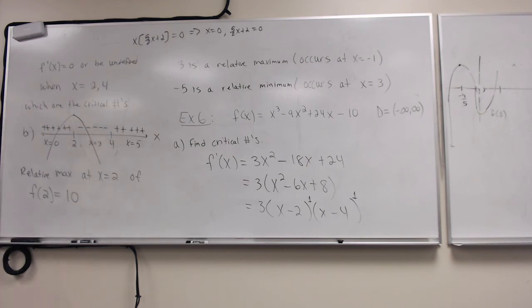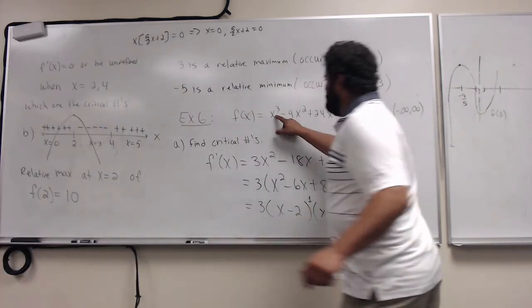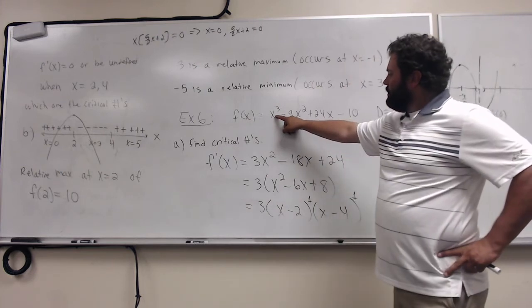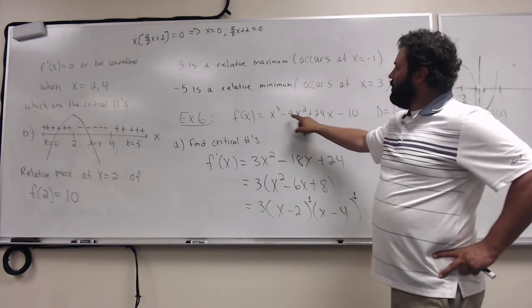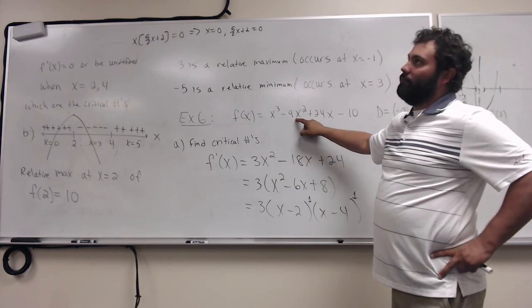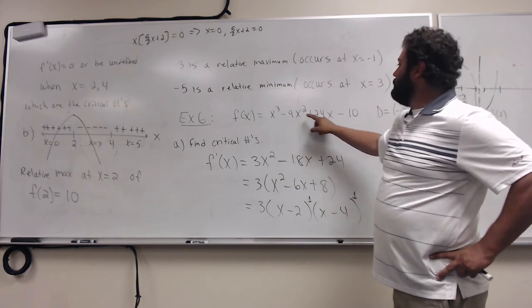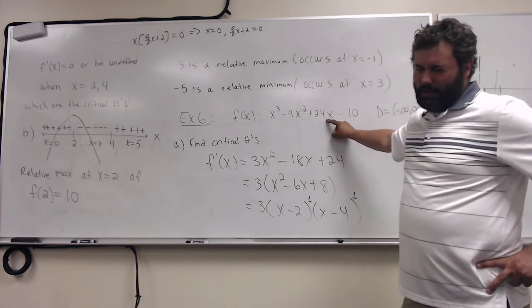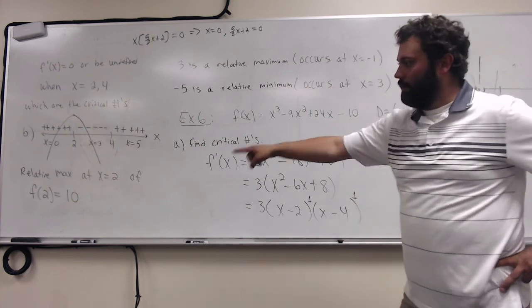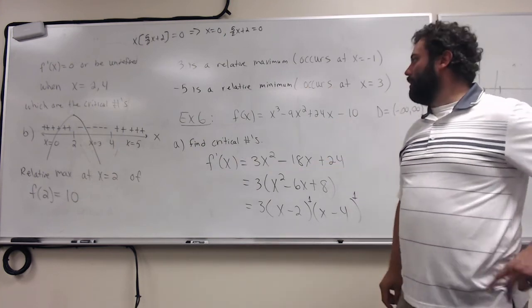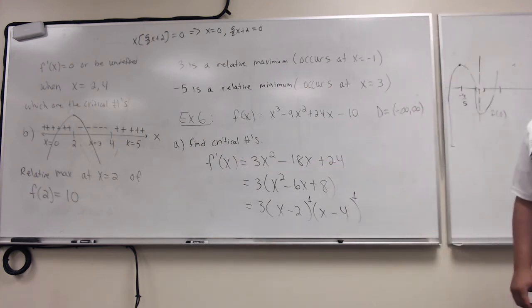And like I said, where I got that from, 2 cubed is 8, minus 9 times 4, 8 minus 36 is negative 28. Negative 28 plus 48 is 20. 20 minus 10 is 10. But you can always get out your calculator. So the relative max occurs at 2, but the maximum value itself is the value of the function there, which would be 10.